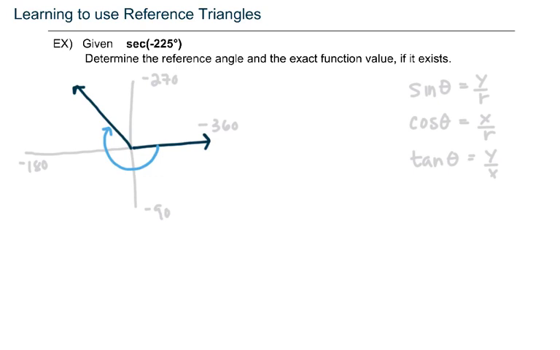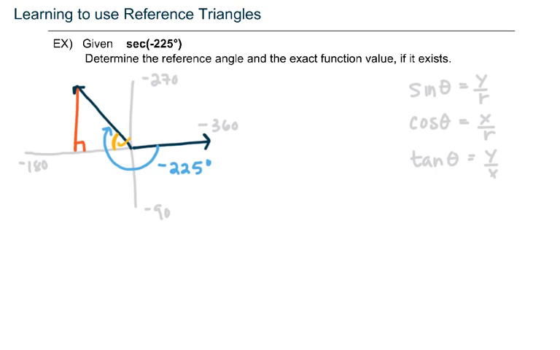Okay, so now we need to create a reference triangle and determine what that reference angle will be. So creating a reference triangle, we always drop down or up to the x-axis. So here I have negative 225 degrees. What would my reference angle in that small acute right triangle be?